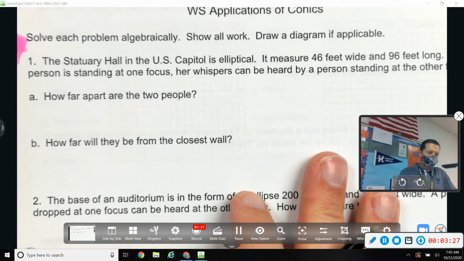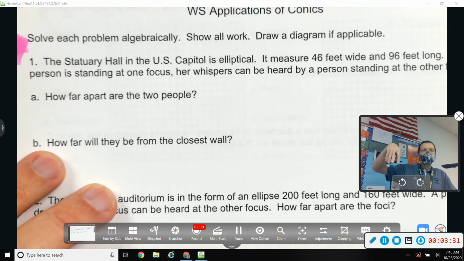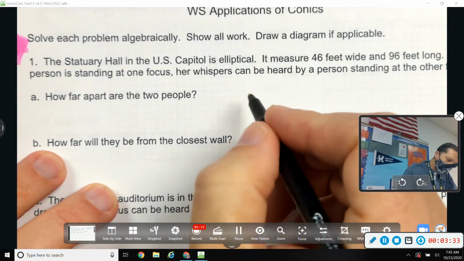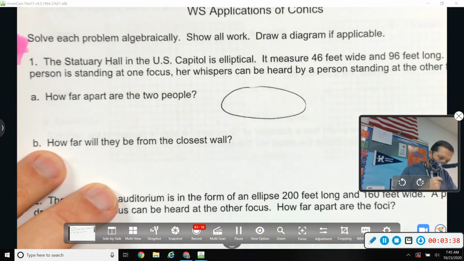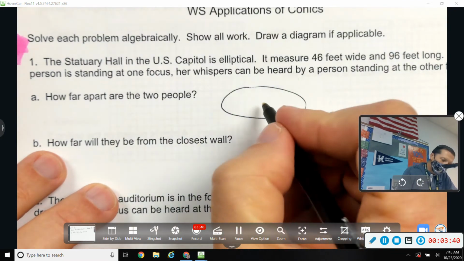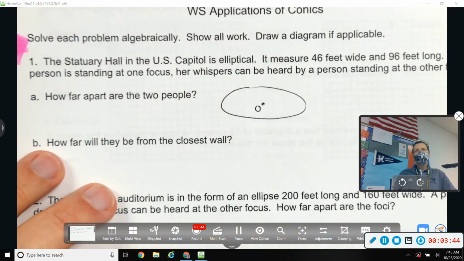I don't know. Let's draw the picture first. Elliptical. So I think a top-down view of this room. And again, I want to put the origin at the center. That way, some of the equation will be a little bit easier.